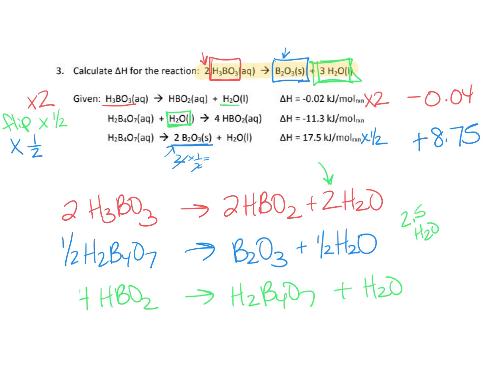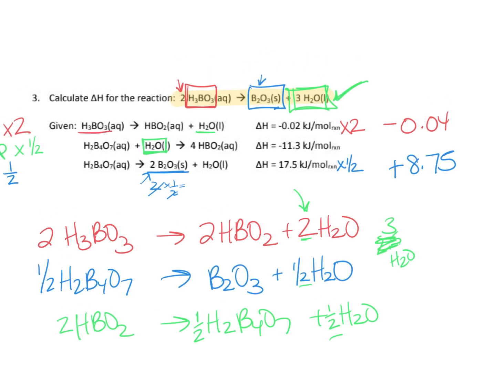So when I multiply by 1/2, 4 times 1/2, that turns into 2. This will turn into 1/2 H2B4O7 and 1/2 H2O. So now I have 3 waters total, which is exactly what I want.